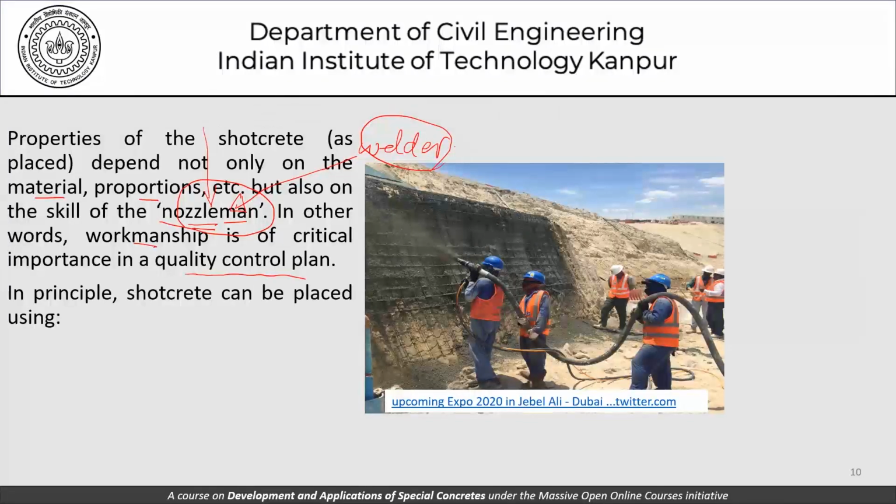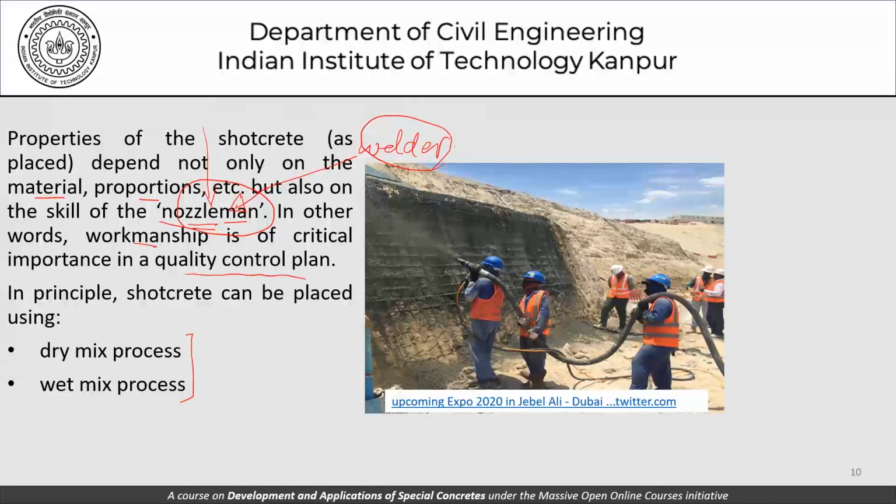In principle, shotcrete can be placed using two basic methods: the dry mix process and the wet mix process. While you are studying the qualification of a nozzleman, also think about this: once qualified, is he qualified for both processes, or if he has qualified using one process, can he still do the shotcreting for the second process?